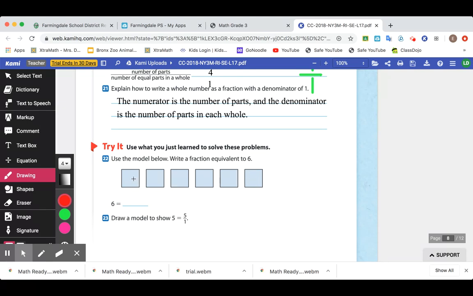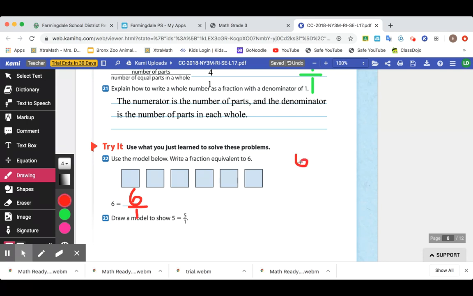We have 1, 2, 3, 4, 5, 6. So we're counting that. And then let's look how many equal parts each one is. They're not cut, right? Each one is in one piece. So it would be 6 over 1.